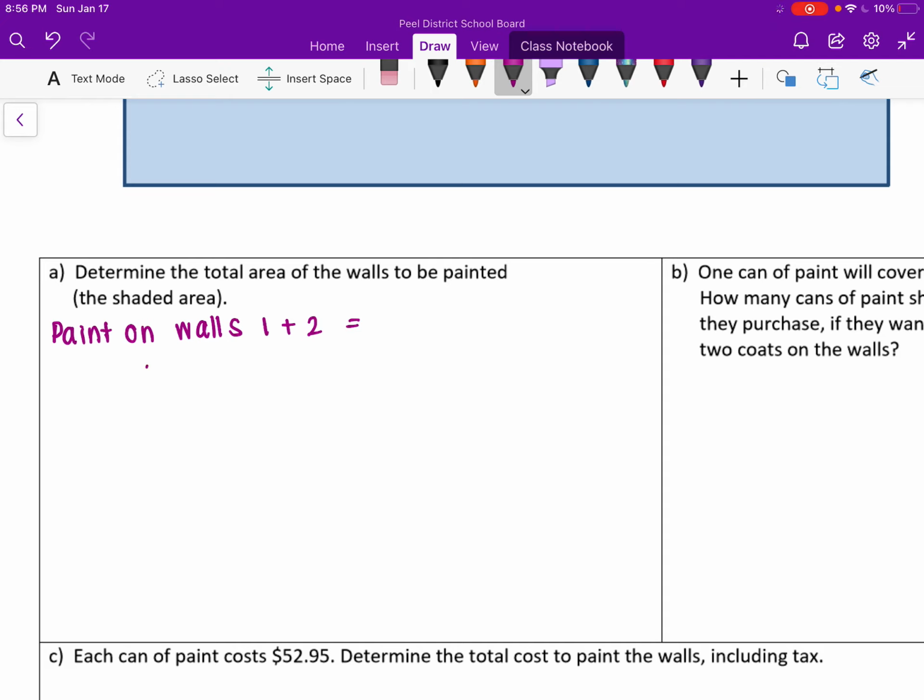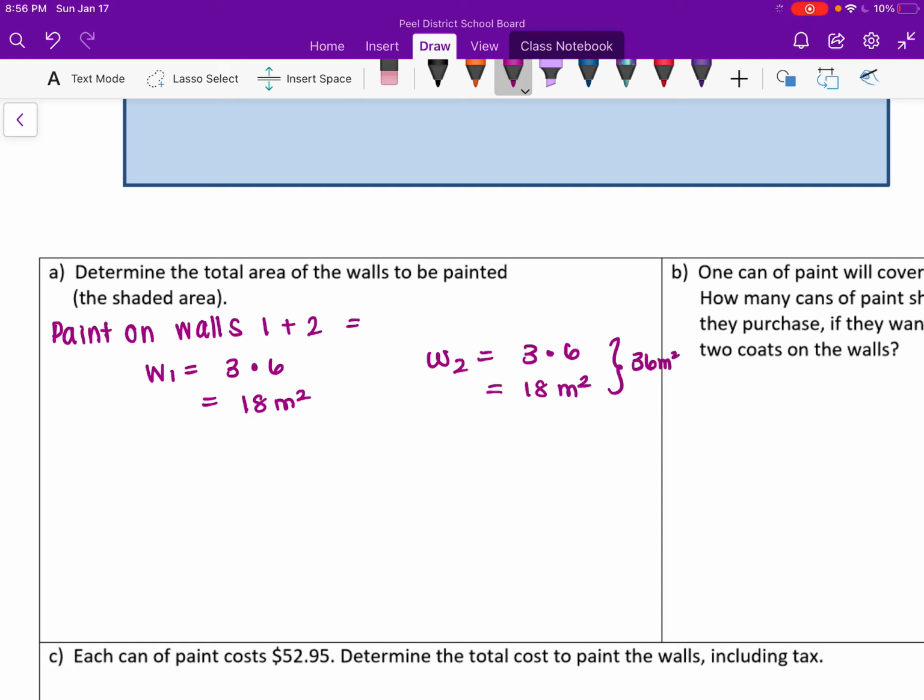Wall 1 is 3 times 6, which is 18 meters squared. Wall 2, same thing, 3 times 6, which is 18 meters squared. Right off the bat, I'm done. I don't need to worry about those two walls. I have 18 meters squared plus 18 meters squared, so those two walls together are 18 plus 18, which gives me 36.